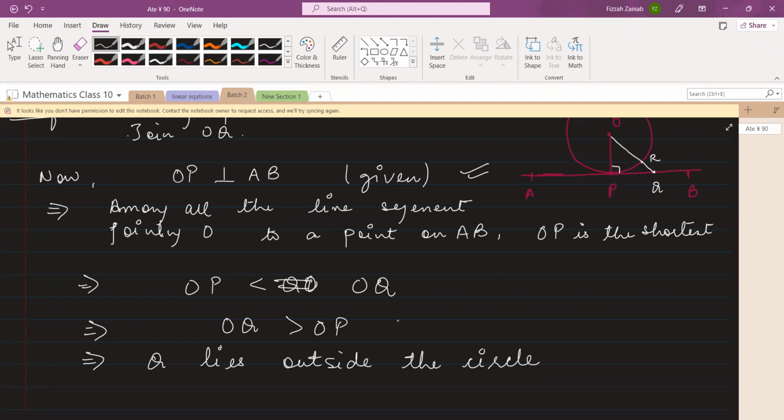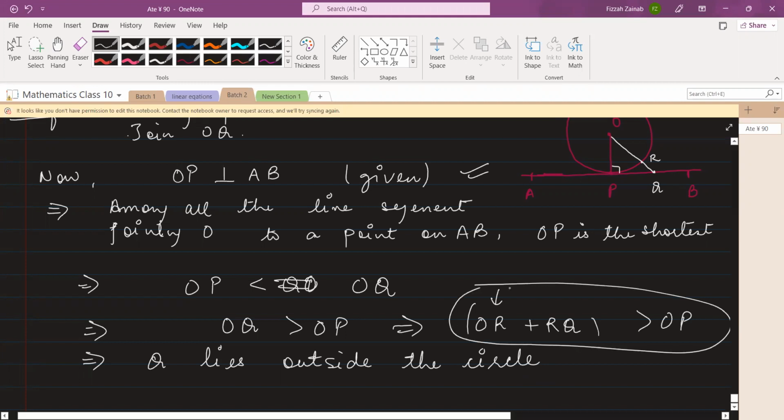You can add one more step if you want: break it as OR plus RQ. OR is the radius, as you know, and then you are adding something, so obviously it is going outside the circle. You can skip it or write it, it's your choice. So Q lies outside the circle. So every point on AB other than P is going to fall outside the circle, isn't it?